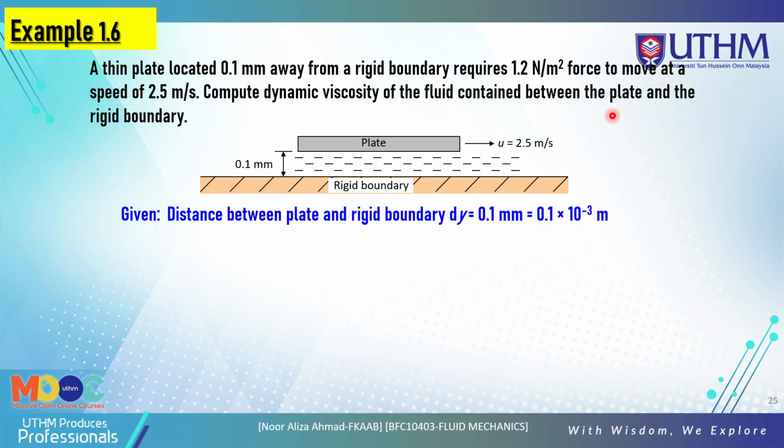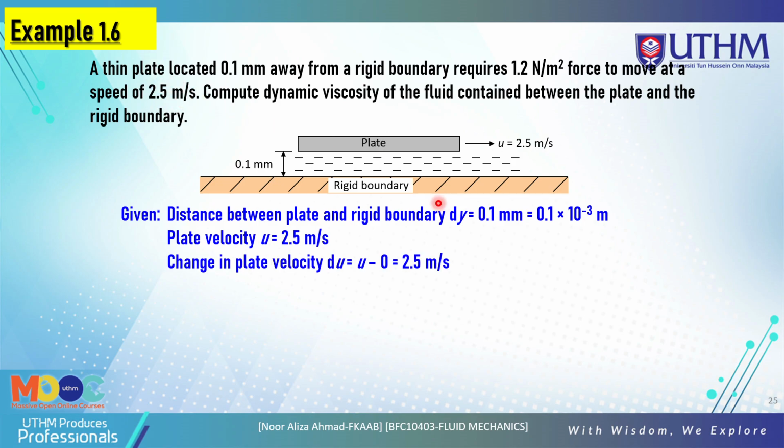The distance between plate and rigid boundary, dy, is 0.1 mm, which is 0.1 times 10 to the power of negative 3 meter. The plate velocity u is 2.5 meters per second.